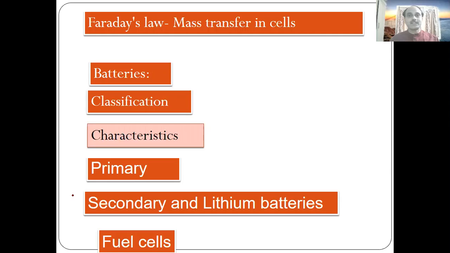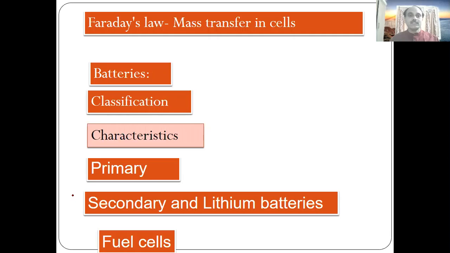During the electrochemical reaction, you are supposed to have a quantitative estimation of the amount of substance deposited with respect to the quantity of electric current passed in unit time t.